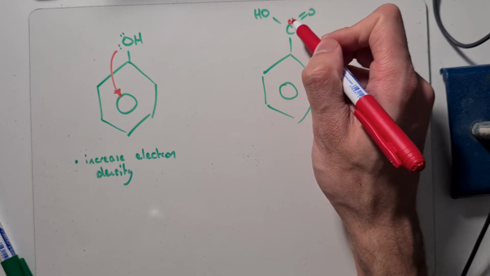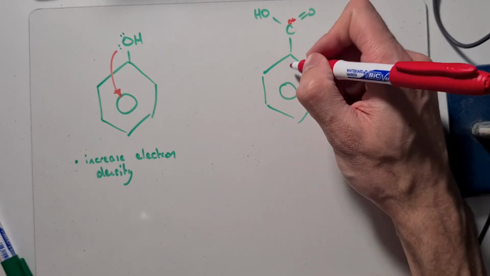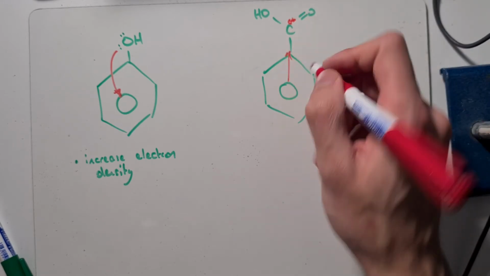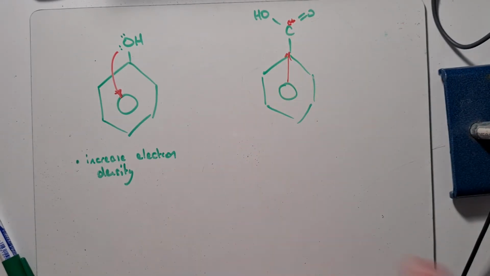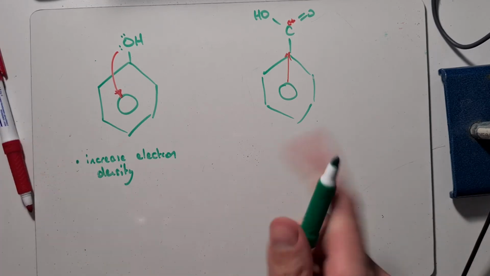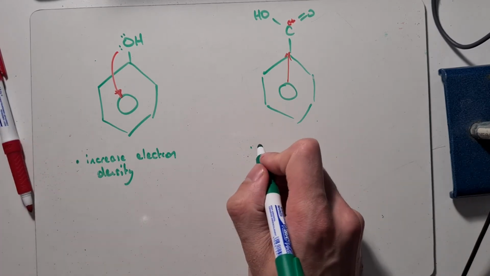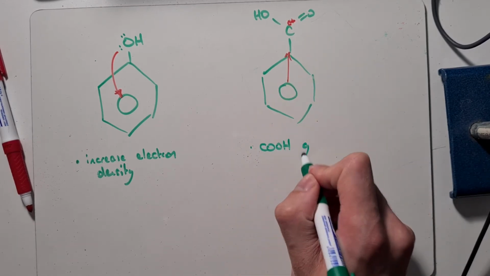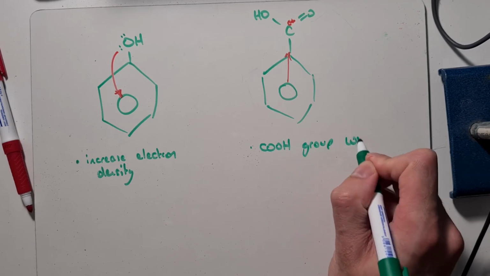So you've got a very delta positive carbon here, which is then going to attract electron density from the pi ring. So we call that a withdrawing group. So any mention that the COOH group withdraws electron density.